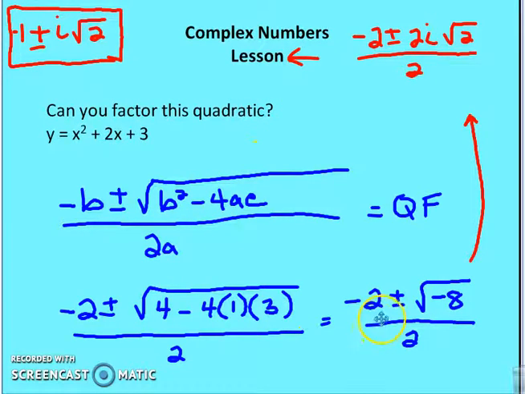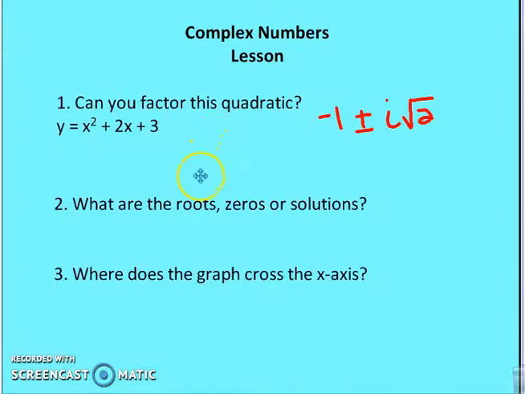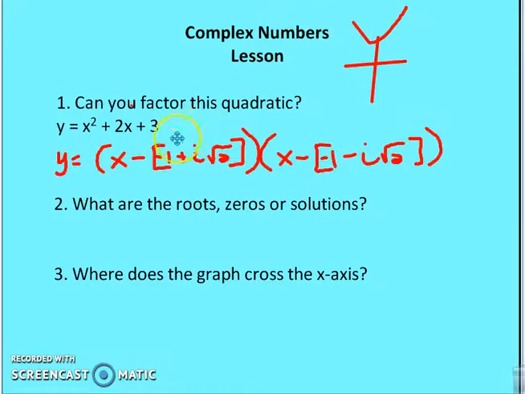So if you use the quadratic formula, you'll end up with minus 1 plus or minus i root 2. And then you can use that for your two factors. So x minus 1 plus or minus i root 2 would be your factors.